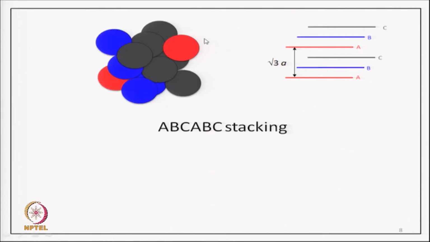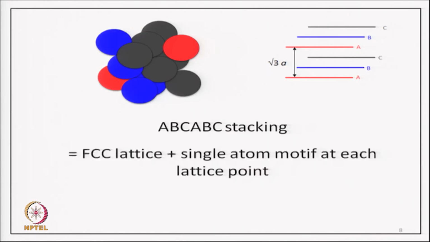So, a cubic unit cell can be identified whose body diagonal is perpendicular to the stacking planes or the 2 dimensional hexagonal planes which we are stacking. So, the lattice becomes face centered cubic, and the motif, as we have already analyzed, is a single atom motif at each lattice point.